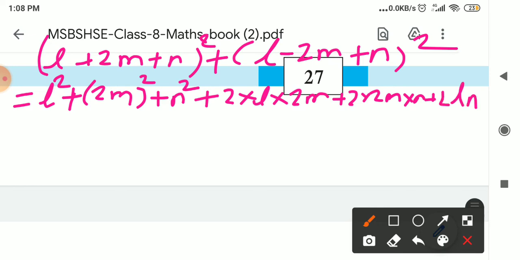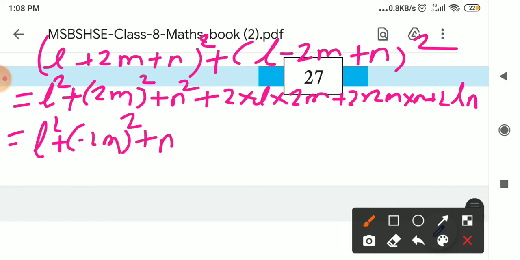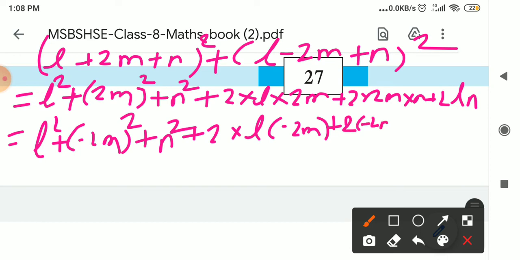Now this bracket's multiplication: l square plus (minus 2m) bracket square plus n square plus 2 into l into bracket minus 2m. Okay, negative sign comes, then we have to give the bracket, plus 2bc: 2 into b is equal to 2m into n is the c, and plus 2ln.